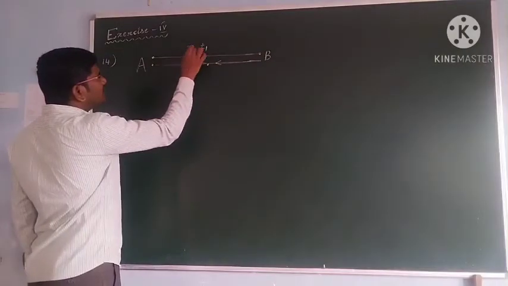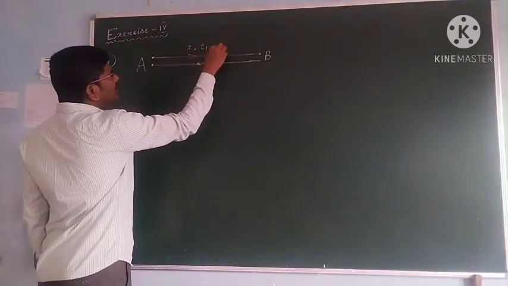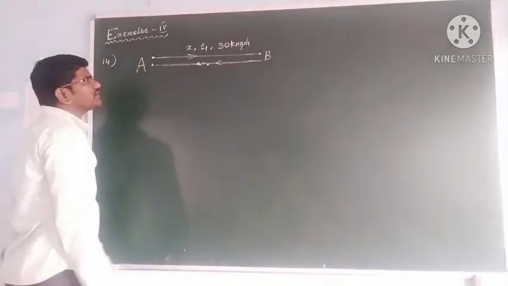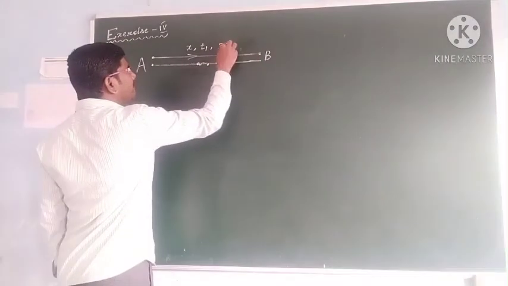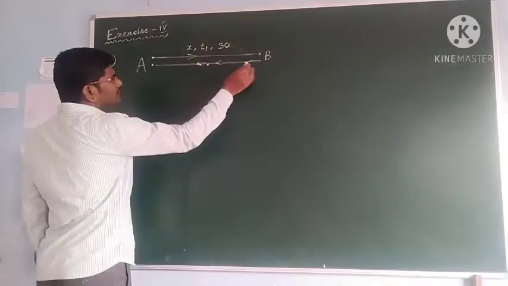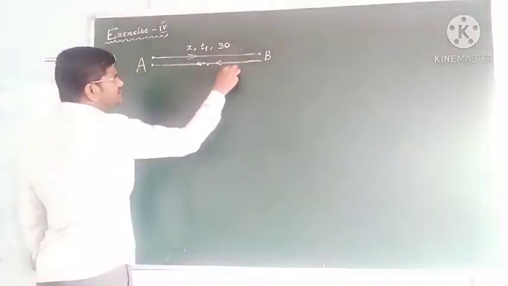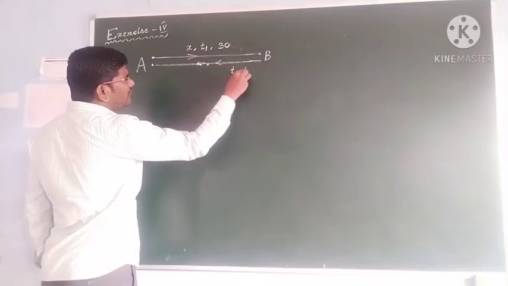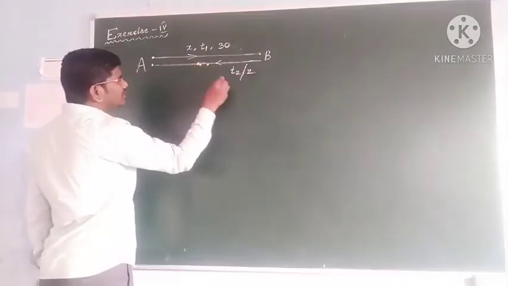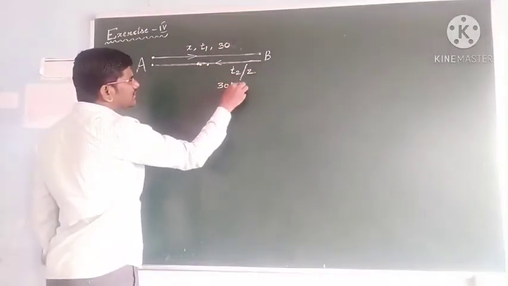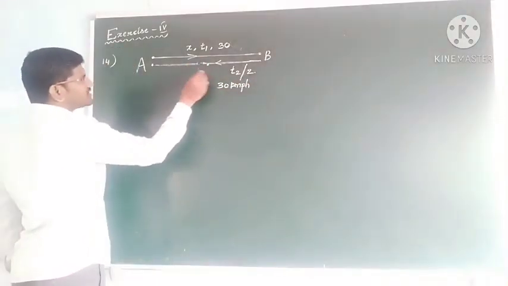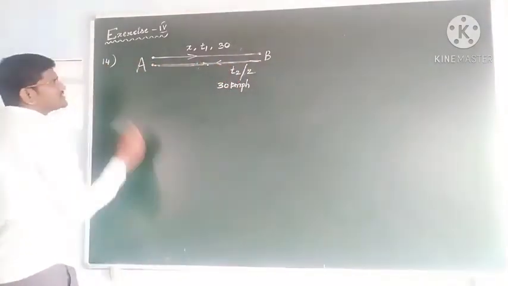A to B, x distance, time taken t1, and it went with a speed of 30 kmph. And B to A, if the time taken is t2, in half of that time it moves with a 30 kmph speed, and the rest half of the time, not the distances, the total time for B to A.